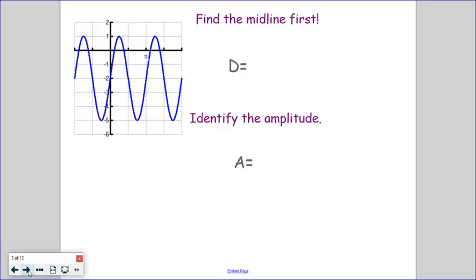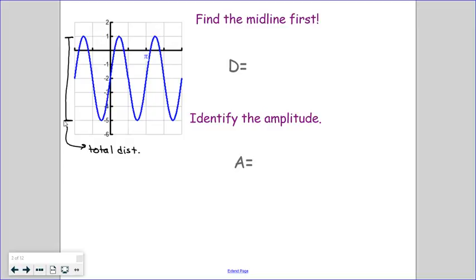If that's been something that's not been super easy for you, one of the strategies you can use to find the location of your midline is just count. Count from the absolute lowest point in your graph to the absolute highest point in your graph. That distance right there, I would consider the total distance of your graph, right? So ours goes from -5 up to 1.